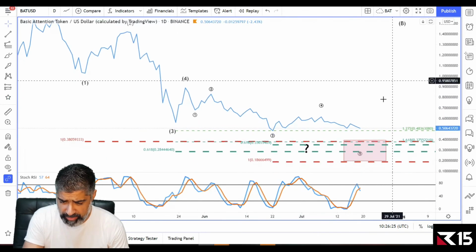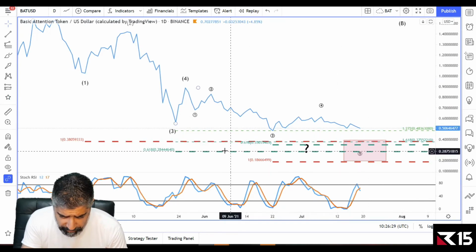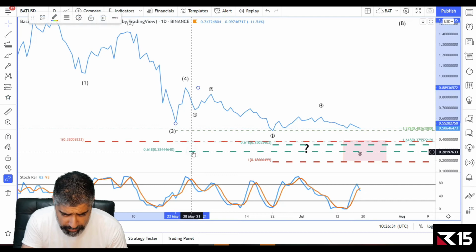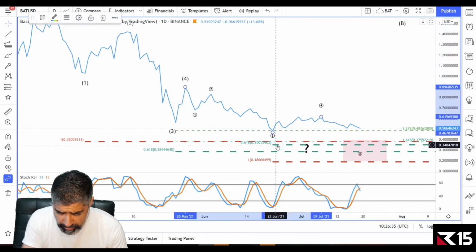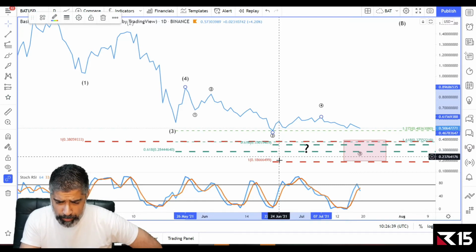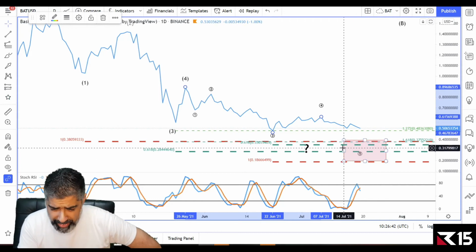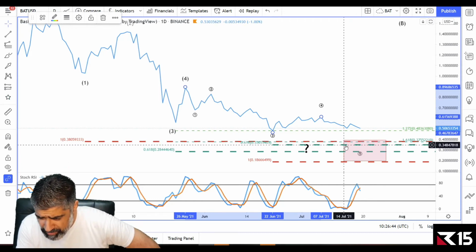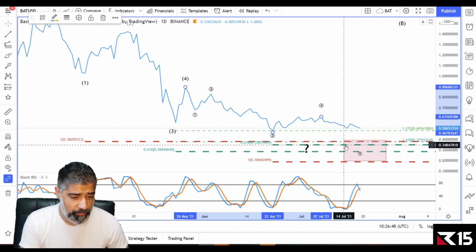Where is that on the chart itself? Yeah, it'll be this one here. So this is 62 to 100, and that's this pink box over here. So we're likely to go as low as 0.48. I reckon we'll make another low, 0.48 or a bit lower for basic attention token.